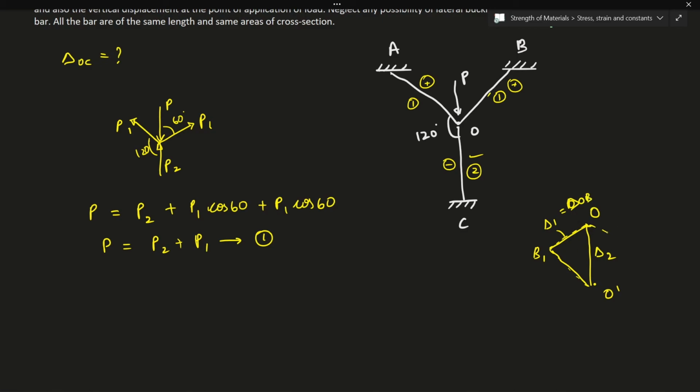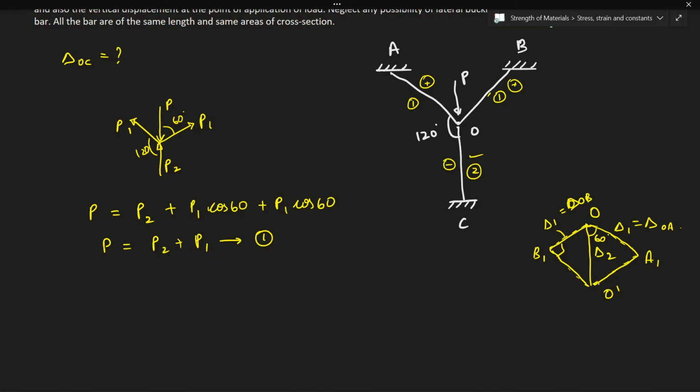Similarly in the opposite direction, this is a perpendicular one, and here we will have the new A1, and this will again be delta 1, equal to delta OA. This angle is 60 degrees.